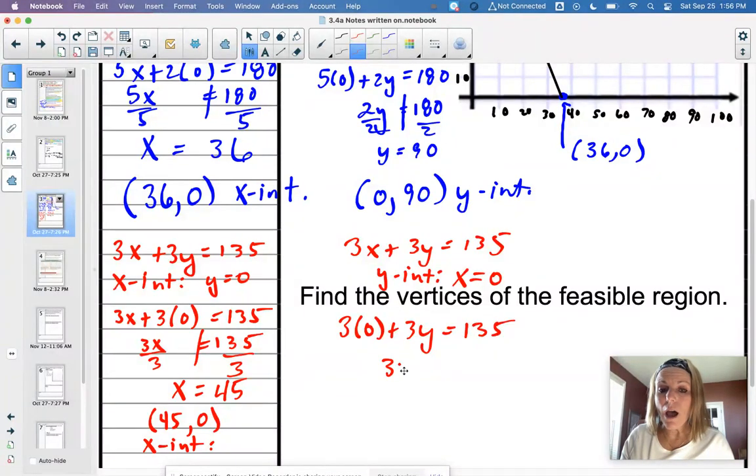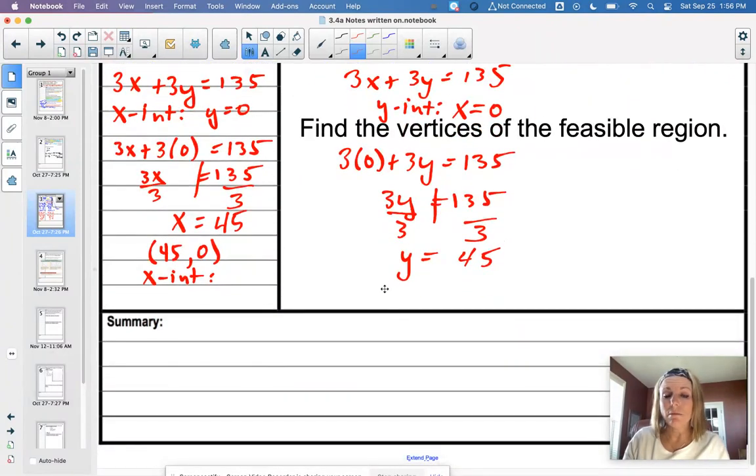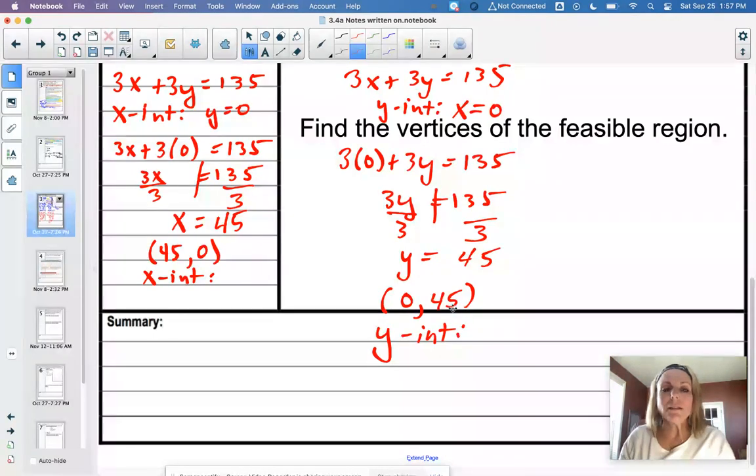And you can always use this method over putting your line in slope-intercept form. We already did that. That's 45. If you prefer to find the x and y intercepts, you can do that. That's why I'm showing you this other method. For this problem, that's really the only way to do it. But when it's other problems where you can put it in slope-intercept form or use this, you can choose. All right, that's the y-intercept.